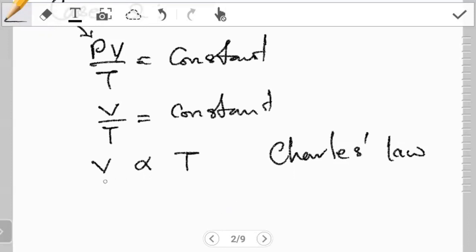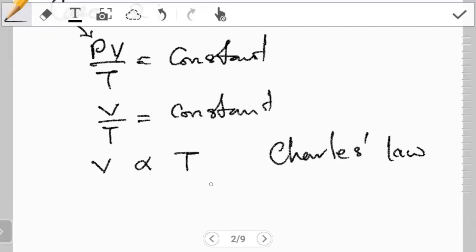So of course, we're saying for a fixed mass of a dry gas, the volume of that gas will vary directly to the temperature. So increase the temperature, the volume increases. Increase the volume, the temperature will increase as well. Now, what is happening here?